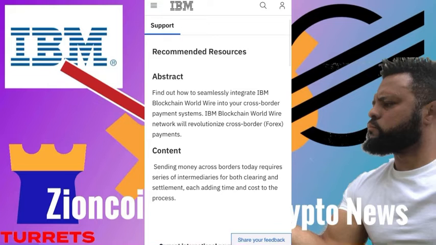So what we're looking at, the abstract: find out how to seamlessly integrate IBM Blockchain World Wire into your cross-border payment solution. Zig-free V2. IBM Blockchain World Wire network will revolutionize cross-border payments, the Forex. So, what's the Forex? The Forex is currencies, when you trade one currency for another.